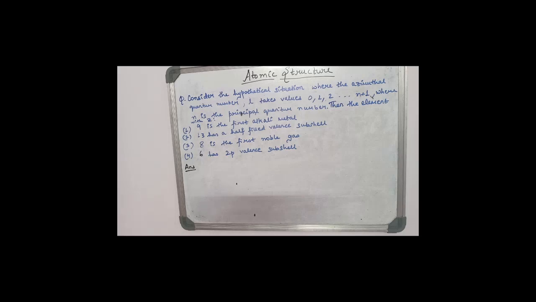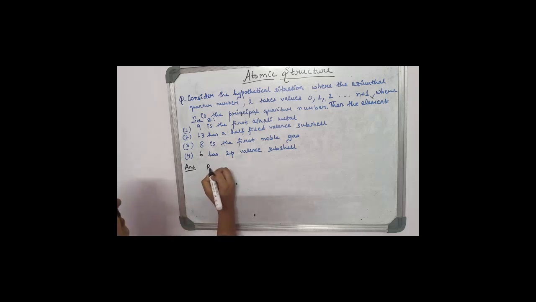Consider the hypothetical situation where the azimuthal quantum number l takes values 0, 1, 2 to n plus 1, where n is the principal quantum number, then the element with Z 9 is the first alkali metal, 13 has a half-filled valence shell, 8 is the first noble gas, and 6 has 2p valence shell. It is important to note that this is a multiple select question. That means there are multiple correct answers. So let's find out what are the correct answers.